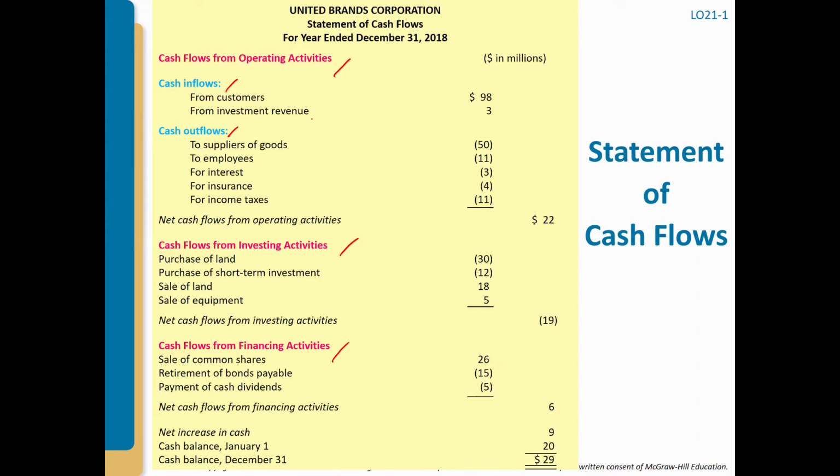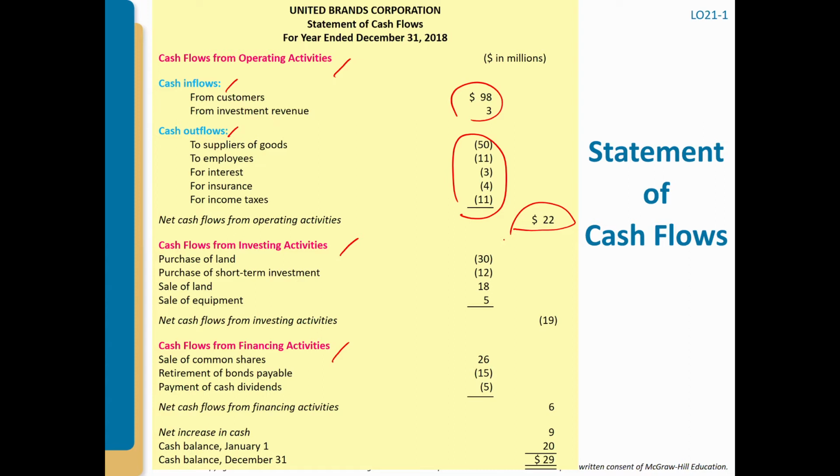Outflow means we're making cash payments, so cash is going to decrease. That's why inflow is positive and outflow is negative. By the end of operating activities we calculate the total, total inflow minus total outflow. In this case we got 22 for this company.